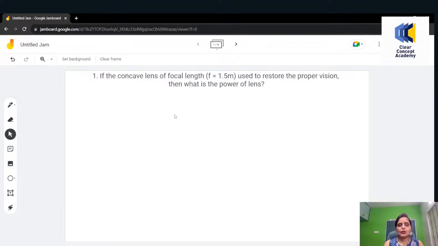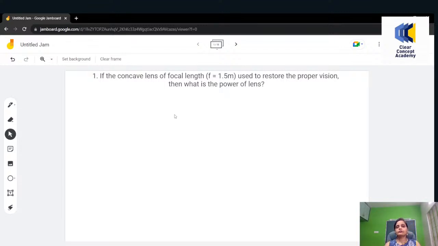Therefore, the power of a concave lens is always negative. If you are using spectacles, you might be familiar with the number being negative or positive. Generally people, till they reach the age of 40 or 45, usually have myopia, so the power of their spectacles is mostly negative.